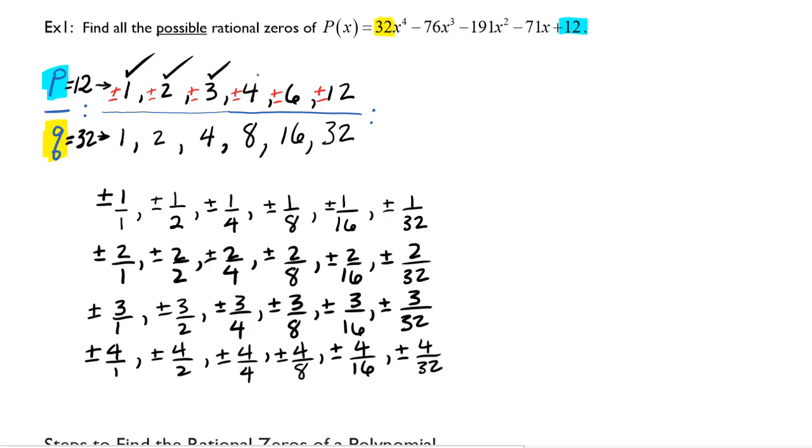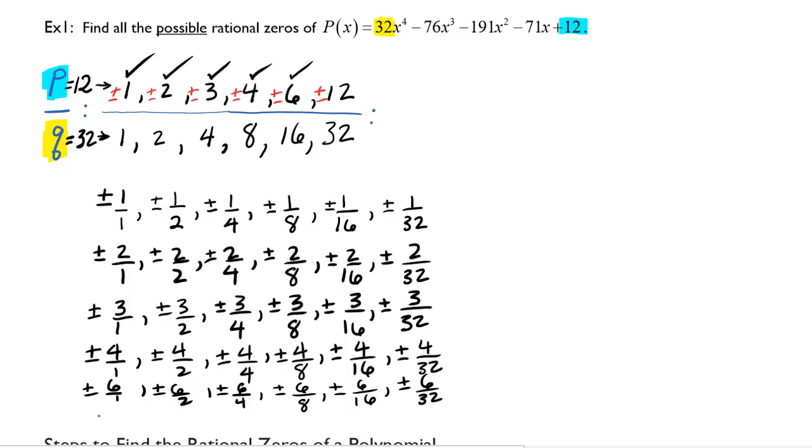So 4 is done. Now let's do 6. Plus or minus 6 over 1, plus or minus 6 over 2, plus or minus 6 over 4, plus or minus 6 over 8, plus or minus 6 over 16, plus or minus 6 over 32.